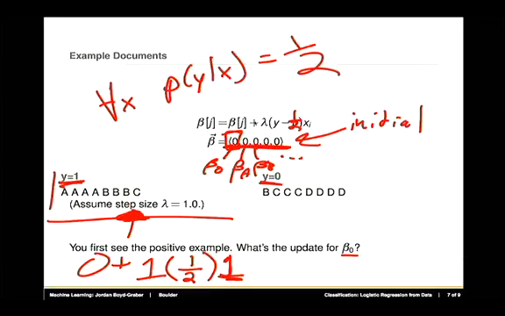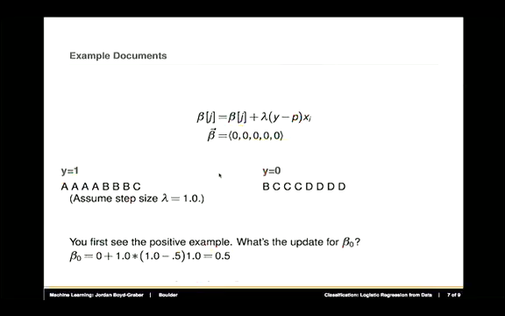We updated beta naught, and after this we need to update beta A, then beta B, then beta C, and then beta D. After this, we will have a push from the bias term towards positive, but that's because we've seen one positive example. You'll see that a correction will happen when we see a negative example.